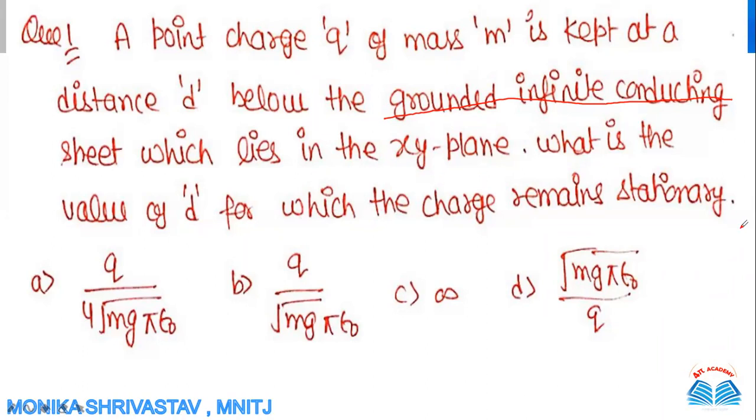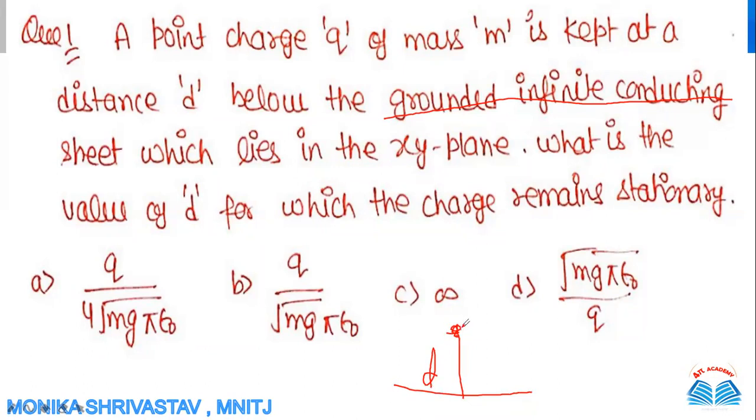The question is saying that there is a charge q that has a mass m, and there is a grounded conducting plane. Okay, the charge is situated here at a distance d from this plane. Now we have to calculate the value of d for which the charge remains stationary here.